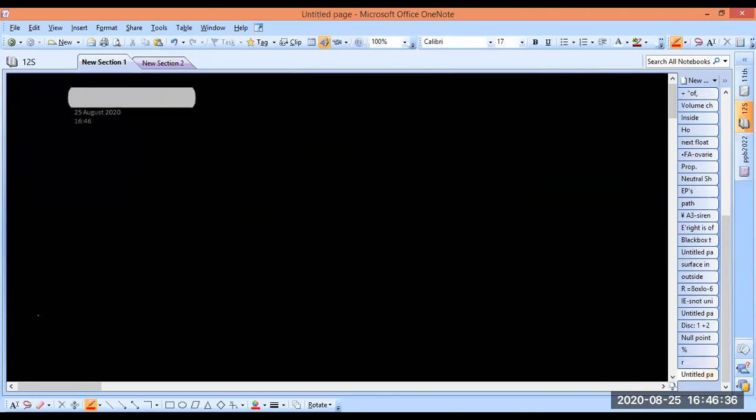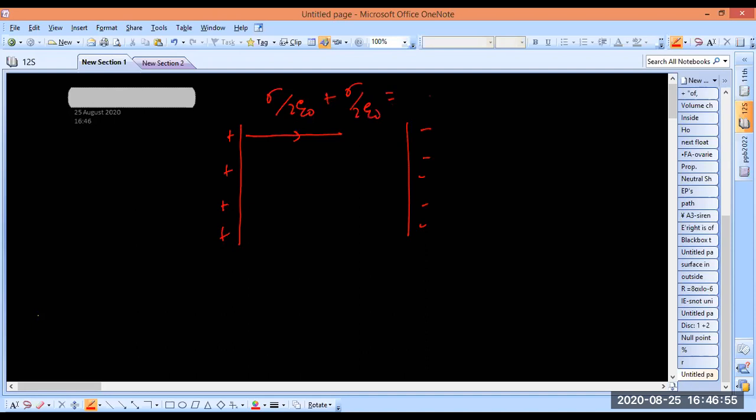Suppose you consider two large sheets. I hope everyone remembers that the electric field due to a large sheet is sigma by 2 epsilon 0 because of one sheet. But if there are two sheets like this, then the total electric field between the two sheets is sigma by 2 epsilon 0 plus sigma by 2 epsilon 0, which is sigma by epsilon 0.